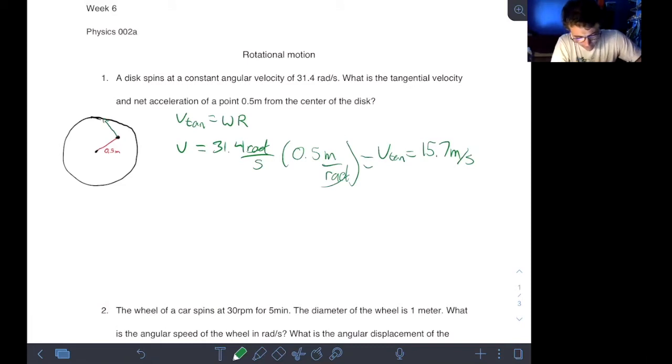Angular velocity, and this is similar with torque and stuff, they say counterclockwise is positive. I usually think of it as the unit circle. So think of a circle as a unit circle, right? This is 0, this is pi over 2, this is pi, and this is 2 pi.